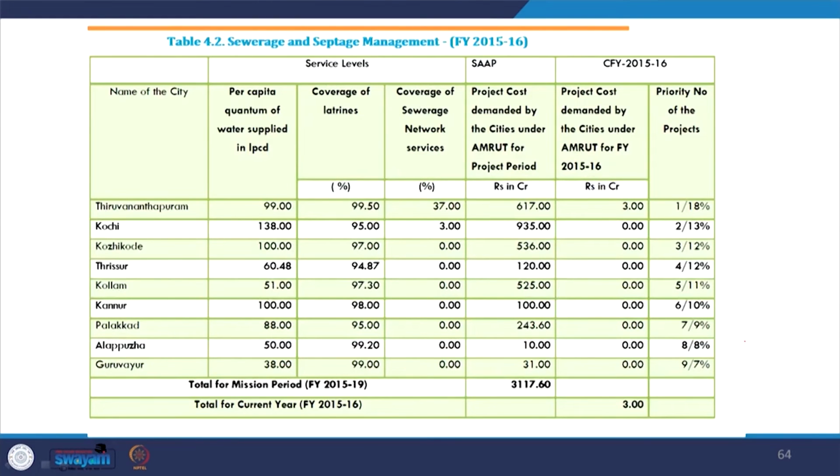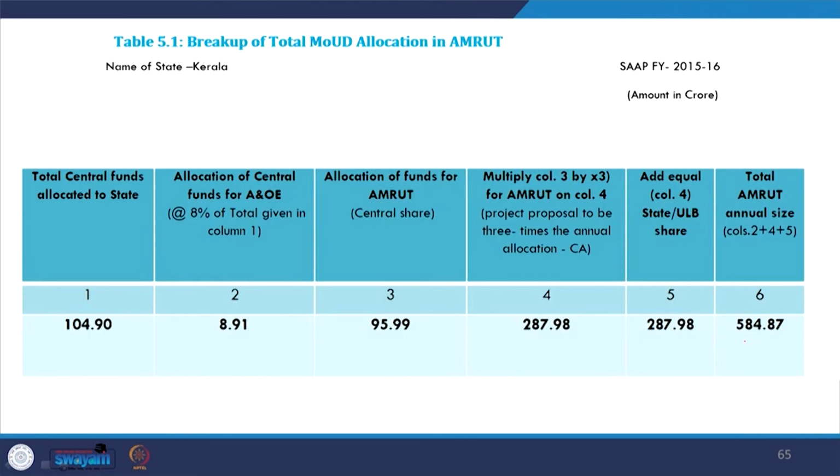Here we see in the document how sewerage and septic management has been planned out, and what quantum they are looking at. Likewise, we see the overall funding decided for them, the breakup of total MUD allocation in AMRUT for Kerala.